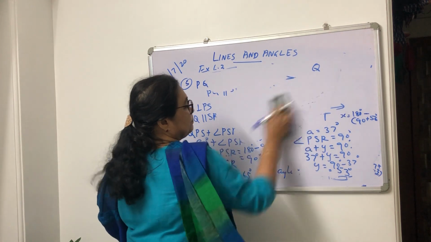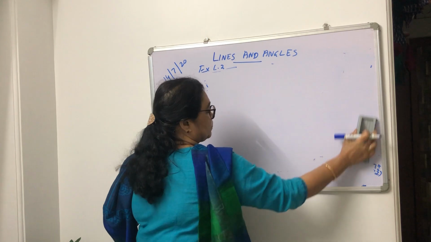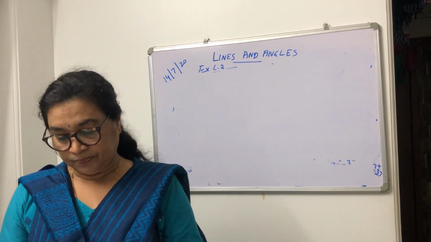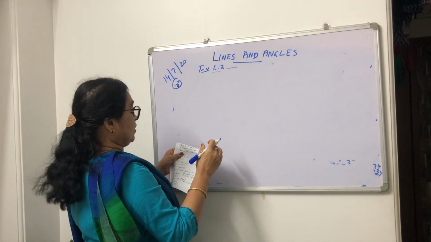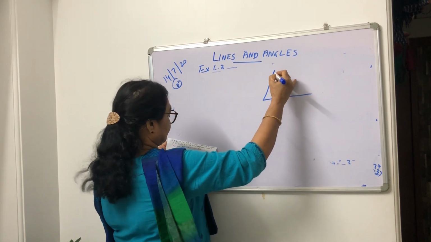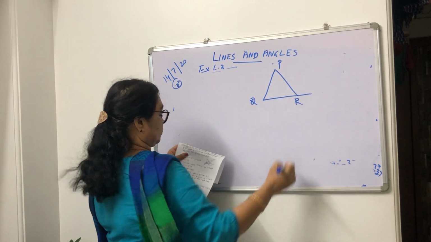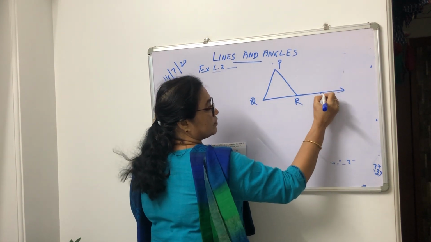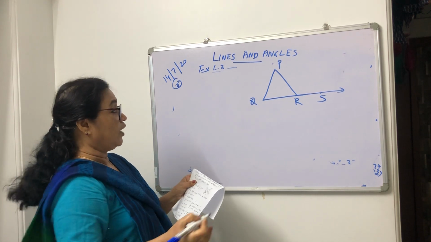Last question. Sixth question. In figure, triangle PQR, QR is produced as S. Bisectors of PQR.